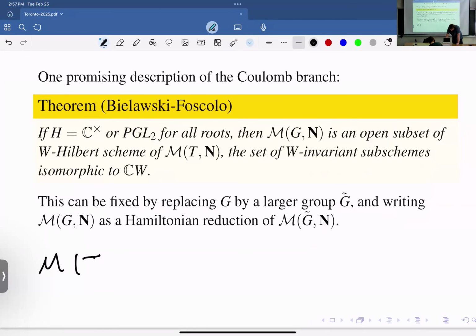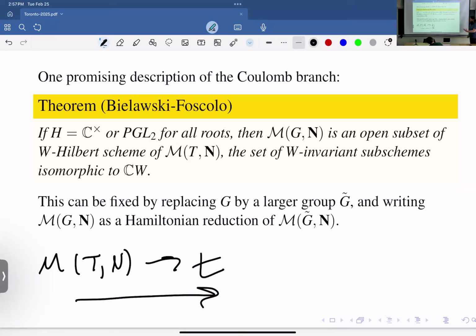So I have this map from Tn to the Lie algebra of T. When I take a subscheme here, I can push it forward to T, and I get a coherent sheaf there, which might be the structure sheaf of a subscheme and might not. So I look at the open subset where I actually get a subscheme there. And then I have to look at the part of that that's in the closure of the free orbits. There are some other weird components of that I want to ignore. All right.